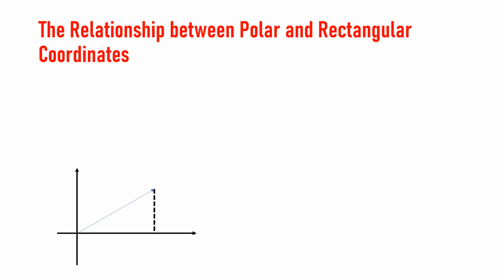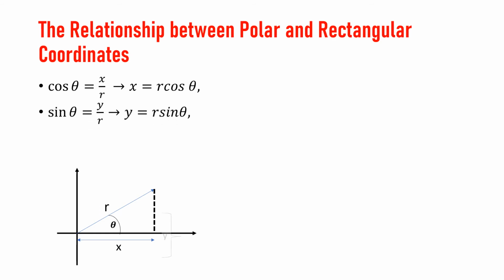So if we take an angle, we know that cosine theta is x over r, which is the hypotenuse, and sine theta is y over r. Tangent theta is y over x. So this is the relation between polar and rectangular coordinates.